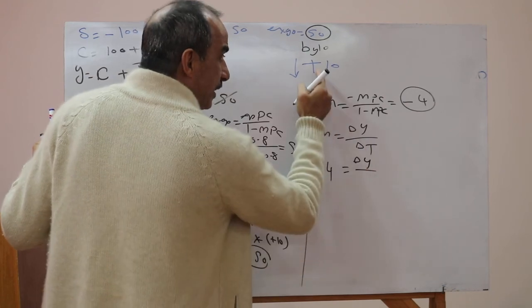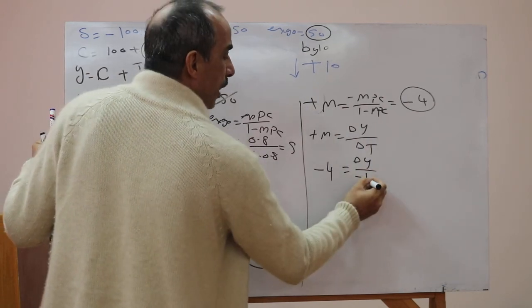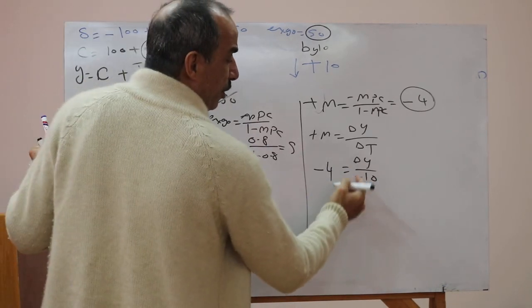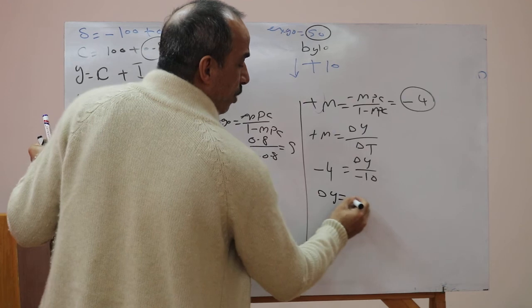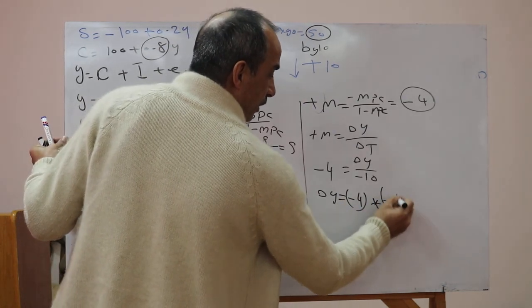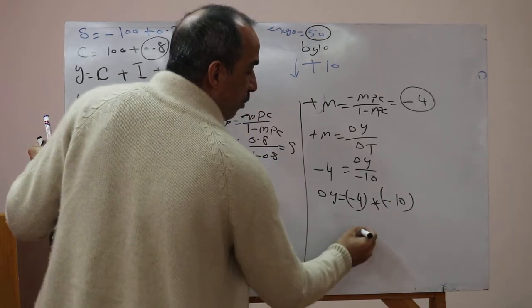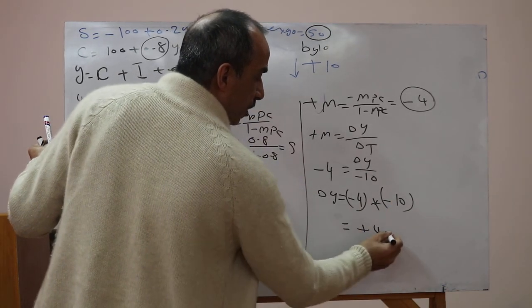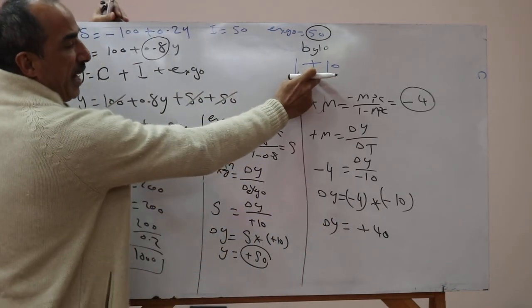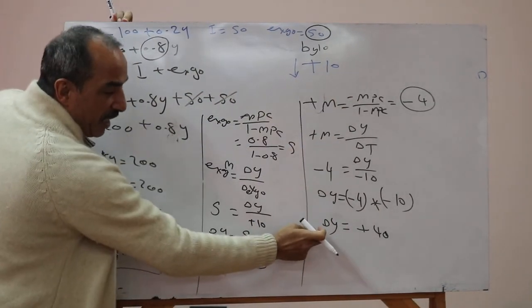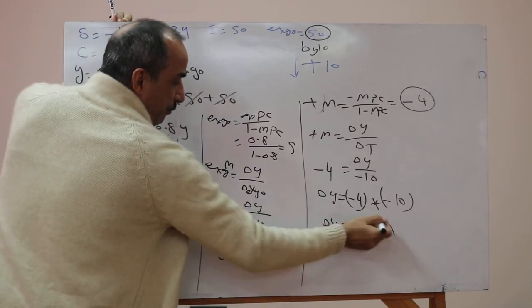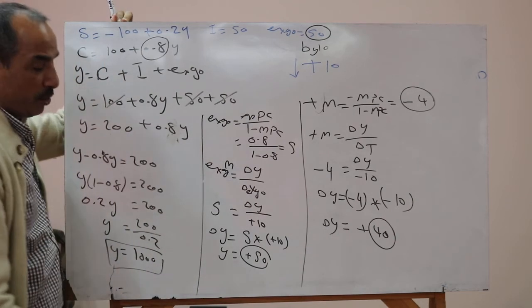Change in taxes decrease by 10 million. Change in income equal minus 4 times minus 10, equal positive 40. Meaning when we decrease the taxes by 10, the national income increased by only $40 million.